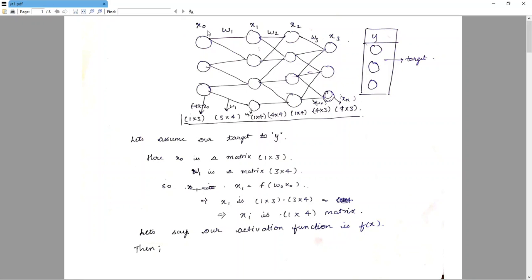Let's say this is our neural network. Input layer is x0, the next weight layer is w1, the next input layer is x1, and so on, and our final output is x3 with 3 nodes.